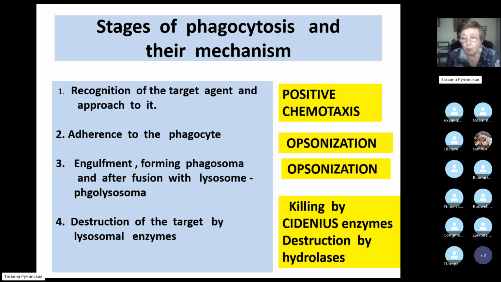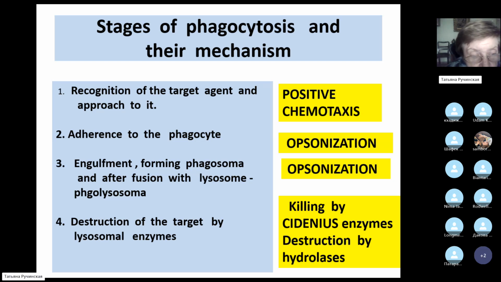What does positive chemotaxis mean? It means the movement of leukocytes straight to the region where the chemotactic factor concentration is the highest.